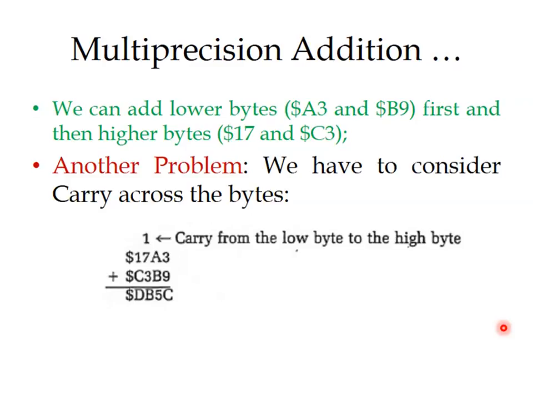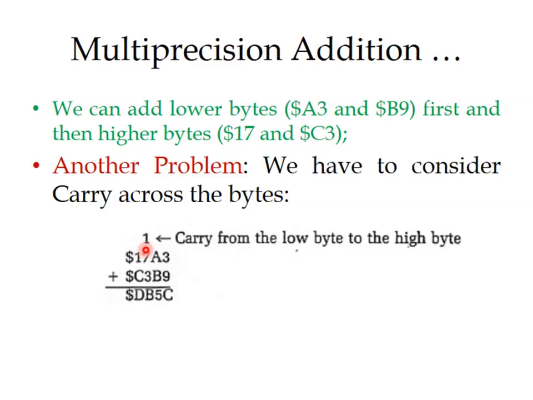The problem is a carry. For example, let's say you are adding the lower bytes A3 and B9 in the first step. It's possible that you might have a carry at the end of that addition, which should be propagated to the next level.